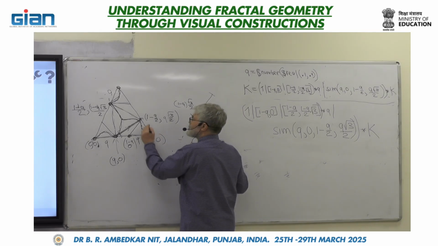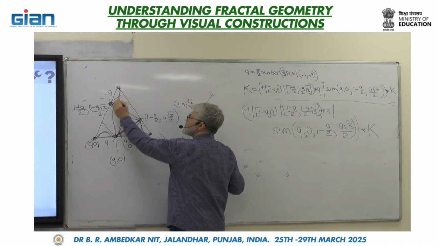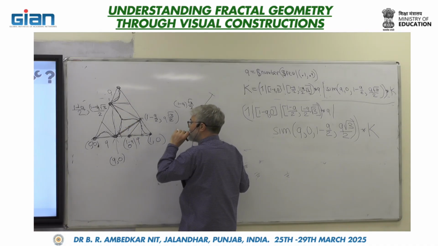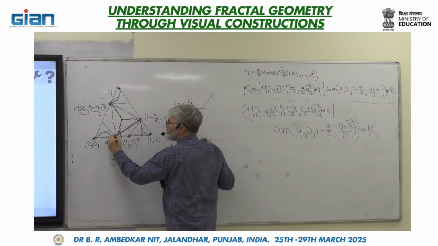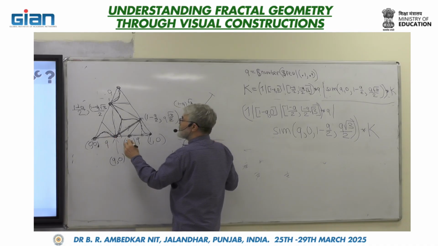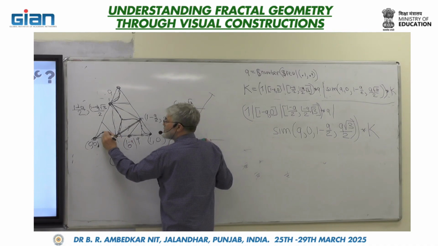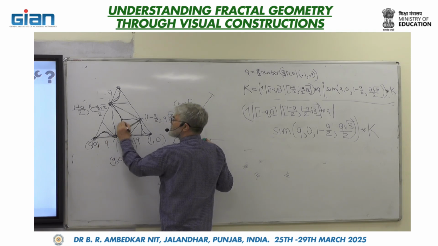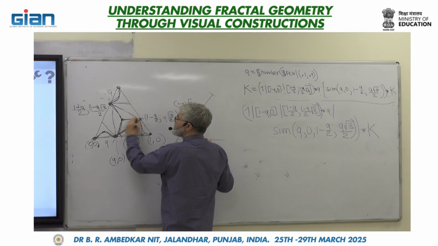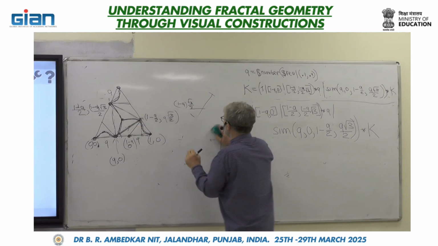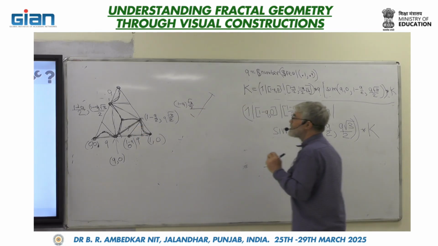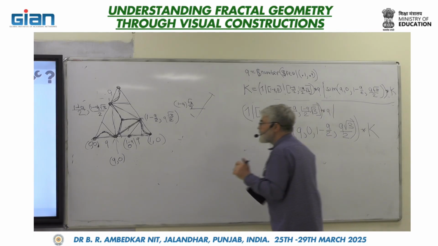Since this case is symmetric, we have a curve gamma, which consists of this part, this part, this and this part. And this is also the same curve gamma, rotated by some angle. So we can write the equation for this gamma.